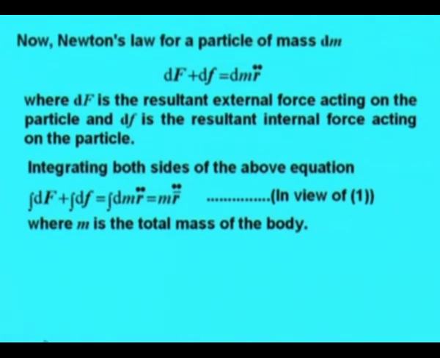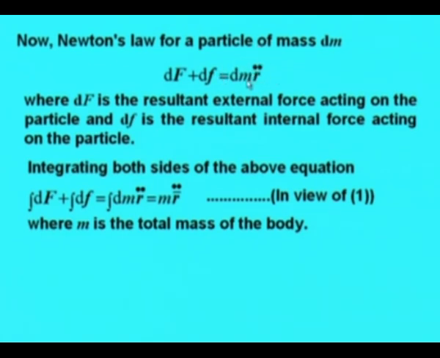Now we apply Newton's law for a particle of mass dm, and then we have dF plus df equal to dm times r double dot. For that particle, dF is the resultant external force acting on the particle, and df is the resultant internal force acting on that particle.